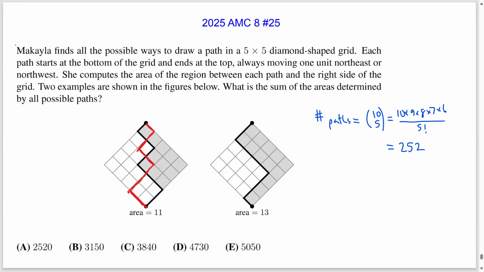You see that for the red path, there are going to be 14 squares that are to the right of the red path, which I'll use an X to denote. Similarly, for the path on the right with area of 13, there are going to be 12 squares in the corresponding red path, as shown here.